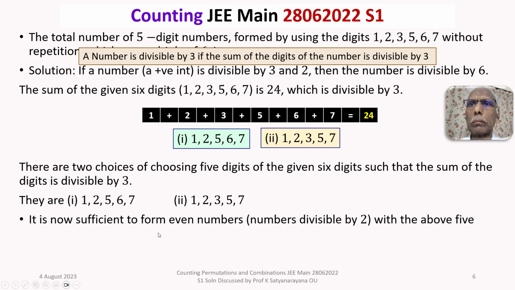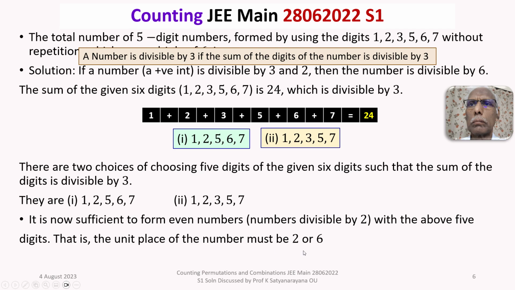It is sufficient to form even numbers with the above 5 digits. That is, the units place of the number must be 2 or 6 in the first case. In the second case, the units place must be 2. We deal with these 2 cases in the next slide.